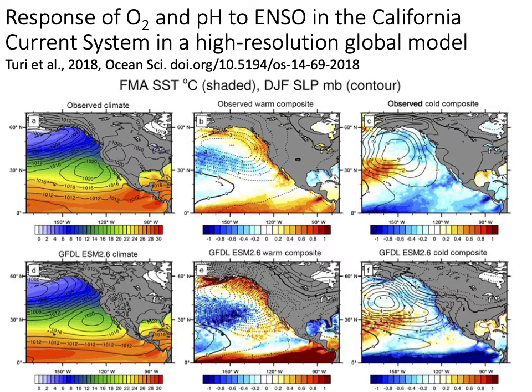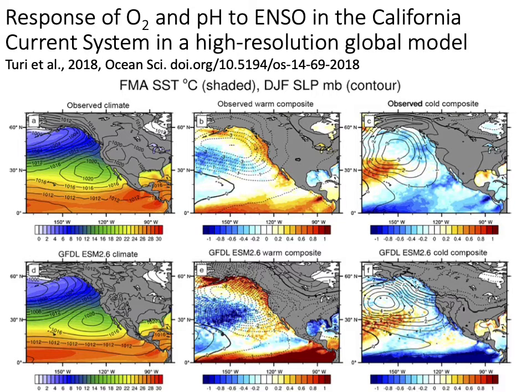Now another role of observation-model comparison comes in the role of looking at interannual variability. Here's an example where we explored the biogeochemical variability in the California current system. This is just a comparison of the observed climate with a warm ENSO in the center and cold ENSO composite for sea surface temperature and sea level pressure.